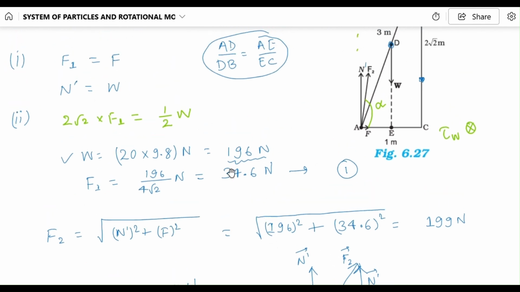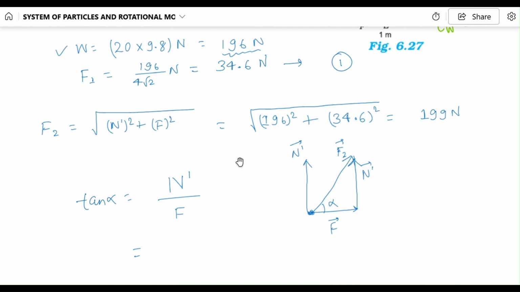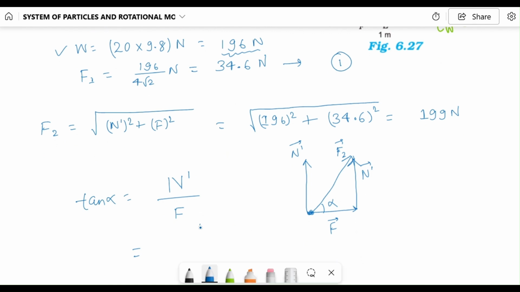Here N prime is equal to weight, so it will be 196 Newton, and Newton will be nullified here. F is nothing but equal to F1, which is 34.6.